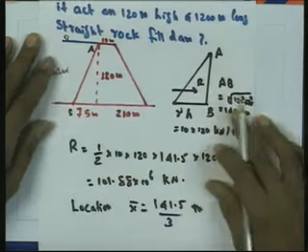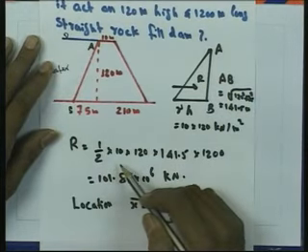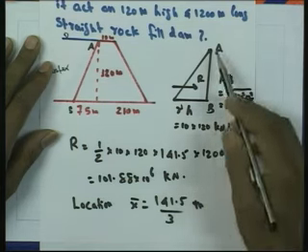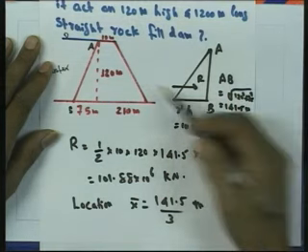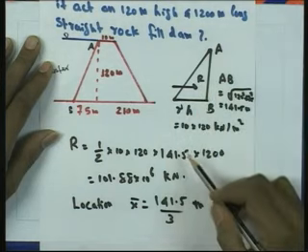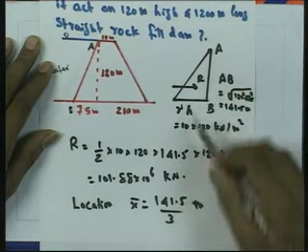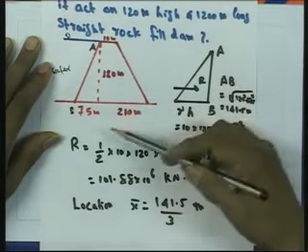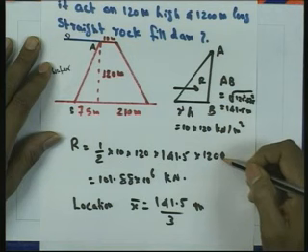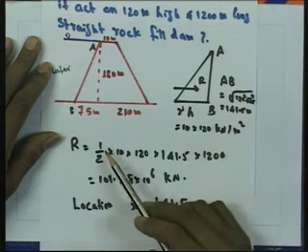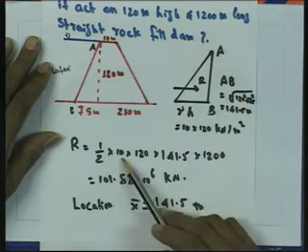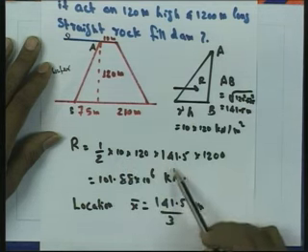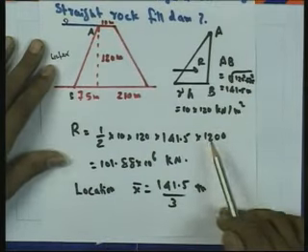The resultant force R is equal to half into this base gamma into H into this length AB, the inclined height, which is 141.5 as we have already determined, multiplied by the length of the dam, that is 1200 meters. So the resultant force will be equal to half into 10 into 120 into 141.5 multiplied by 1200.